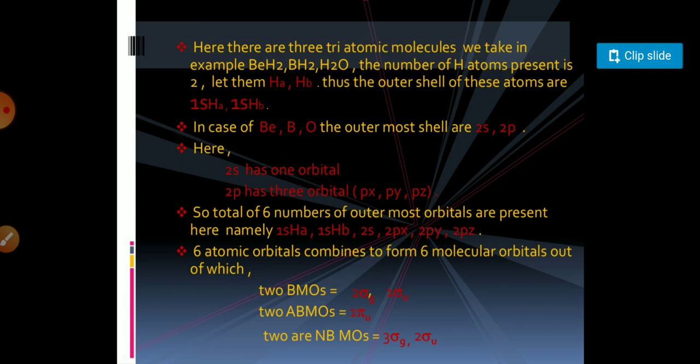Now, the 6 atomic orbitals combine to form 6 molecular orbitals, out of which 2 bonding molecular orbitals are 2 sigma g and 1 sigma u, 1 more bonding molecular orbital is 1 pi u, and 2 are non-bonding MOs, which are 3 sigma g and 2 sigma u.